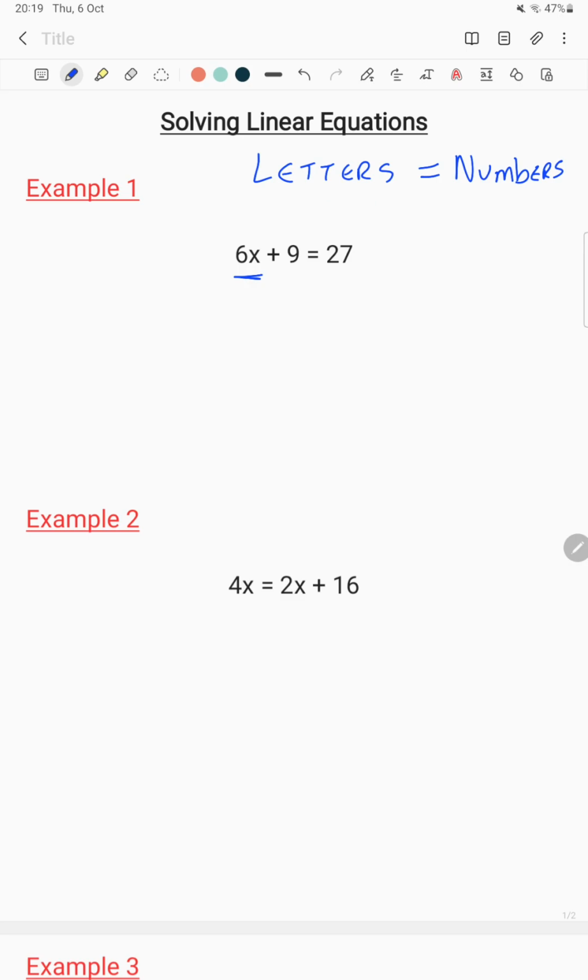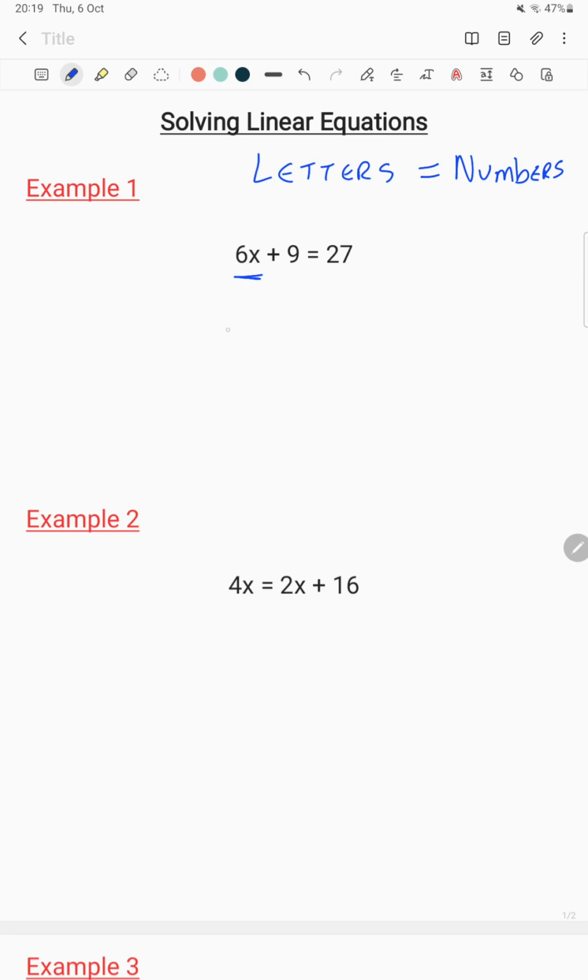You can solve linear equations with letters on the right and numbers on the left, but for consistency, if you try to have your letters all on the left and your numbers on the right, you're less likely to make an error.